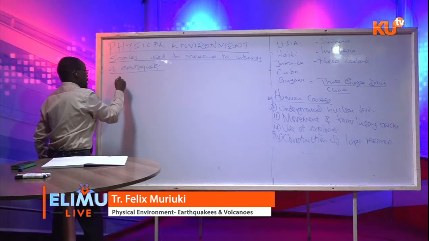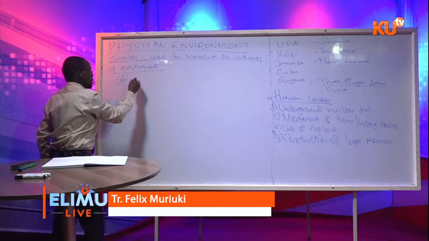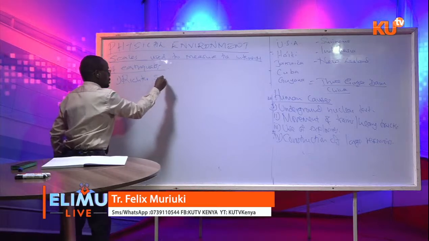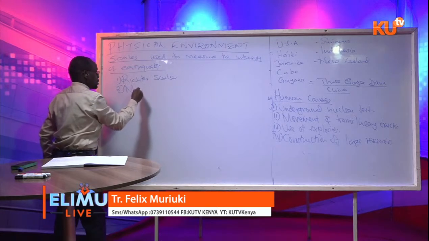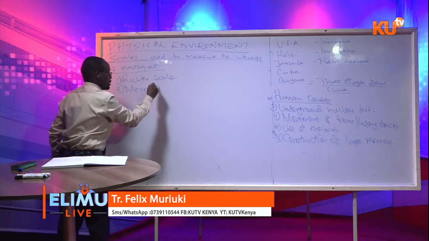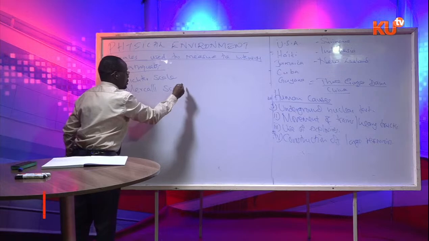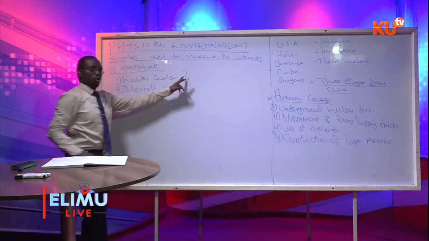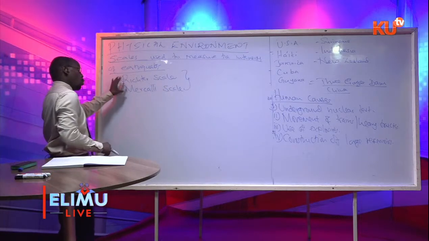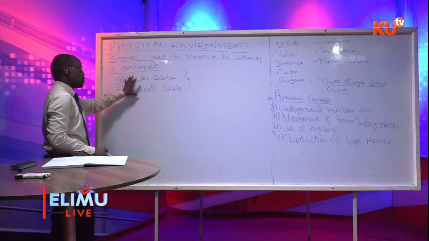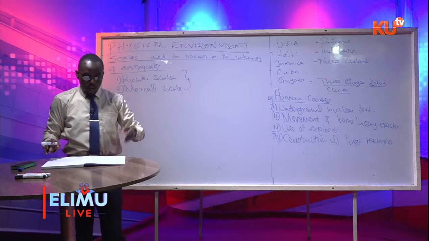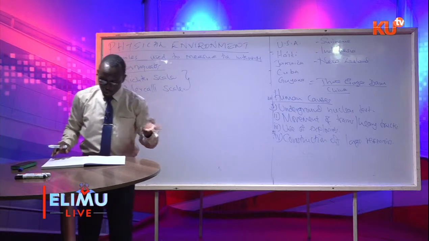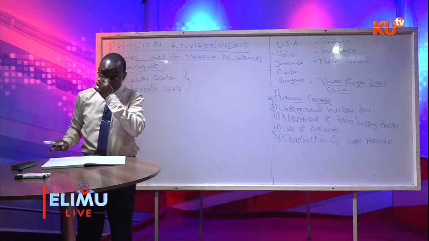Number one, the Richter scale, and number two, the Mercalli scale. We are going to talk about these later, but for simple knowledge, just know these are the two measurements used to measure earthquake intensity.